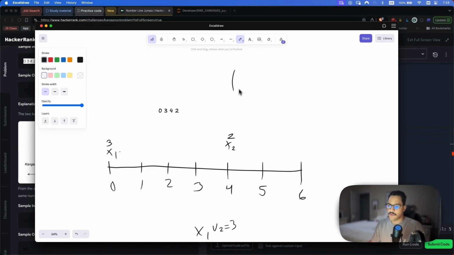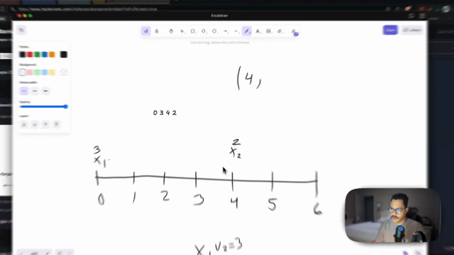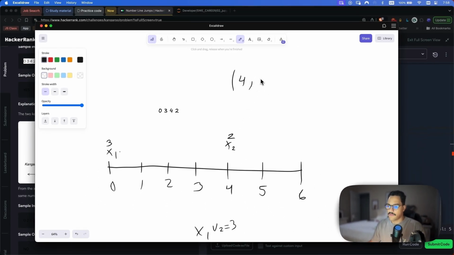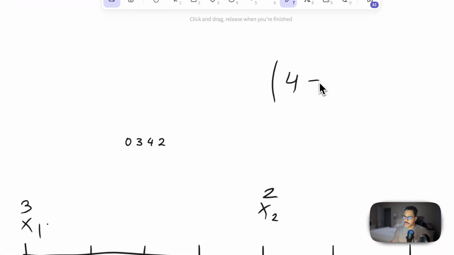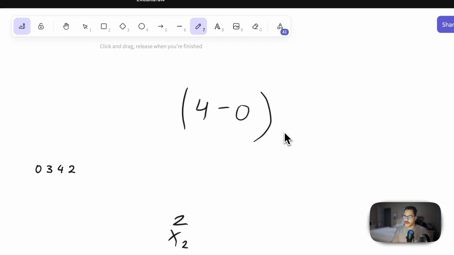So the difference of that would be 4 because he's ahead, right? That's the second kangaroo right here. And the first kangaroo, this case won't make much sense, but the first kangaroo is at position 0. That's the difference between their distance, right?